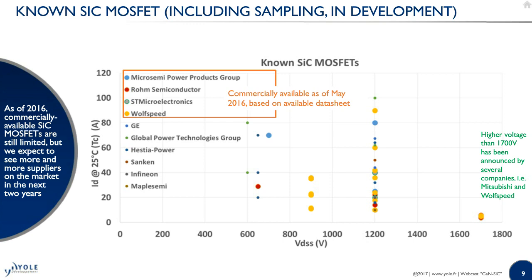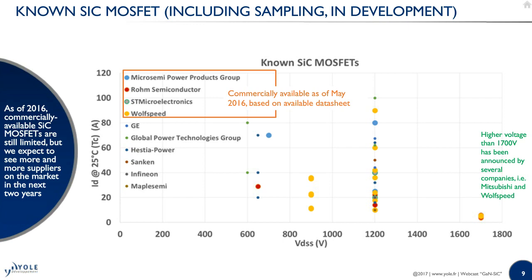The good news is there are more players that are developing, sampling and planning to release products in the next 2 years. So we are waiting for more and more suppliers of silicon carbide MOSFETs.